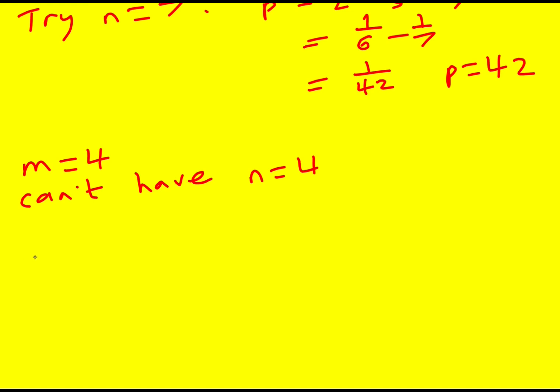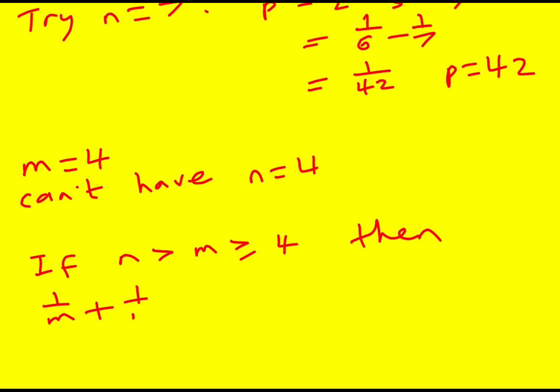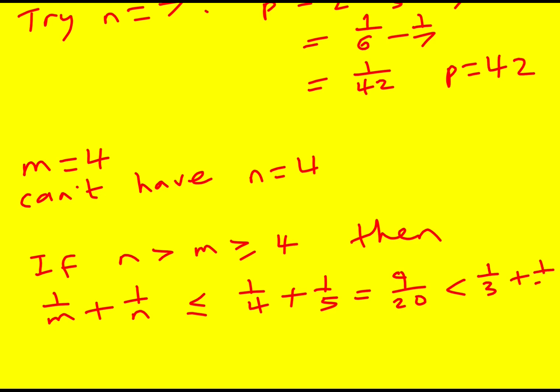So basically, overall, if n is bigger than m, which is greater or equal to 4, then 1 over m plus 1 over n is going to be less than or equal to 1 over 4 plus 1 over 5, which is 9 over 20, which is actually less than 1/3 plus 1 over 7, because this here is 10 over 21.